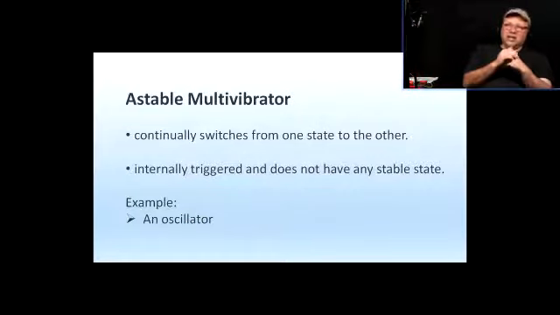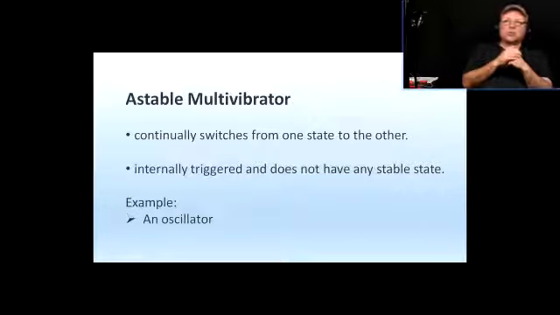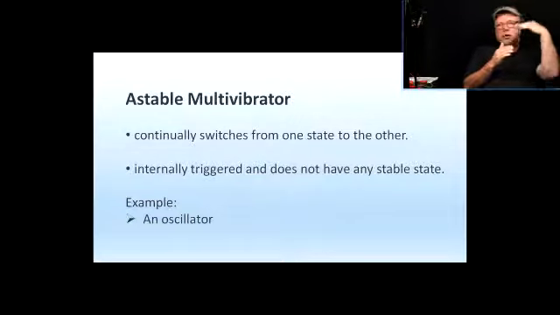But astable means that it doesn't have any idle state. It just continuously switches. As an example, it would be an oscillator. So a 555 timer can be wired as an astable multivibrator if you want to make an oscillator out of it, right? Which is basically going to oscillate between high and low, just like that.